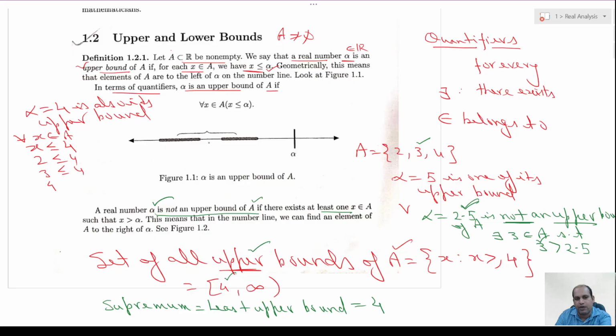If there exists at least one upper bound, we say that the set is bounded above. The next step is to look at the collection of all those upper bounds, just like we did in this case, and from those upper bounds the least upper bound is called the supremum. Now, how to express it in terms of quantifiers?